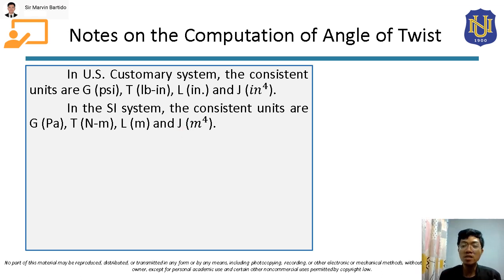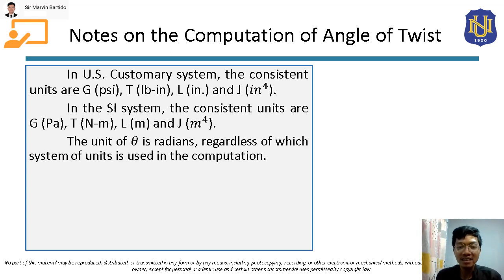This can also be, let's say, the unit for G is megapascal. We know that megapascal is Newton per millimeter squared, so all the other terms must be expressed in Newton and millimeter. The unit of theta is radians regardless of which system of units is used in the computation.